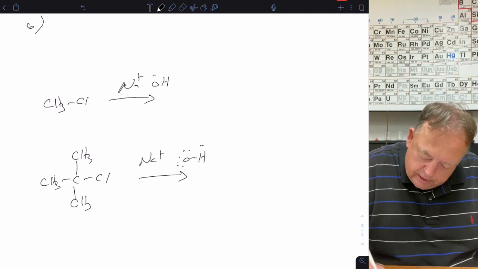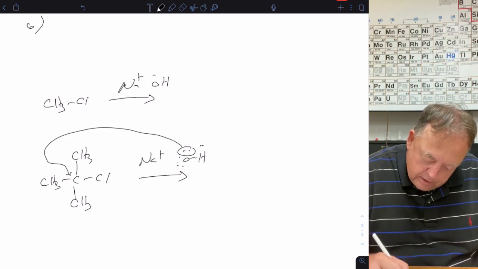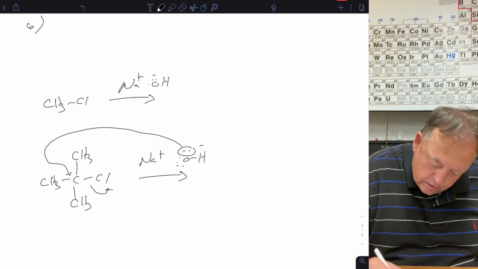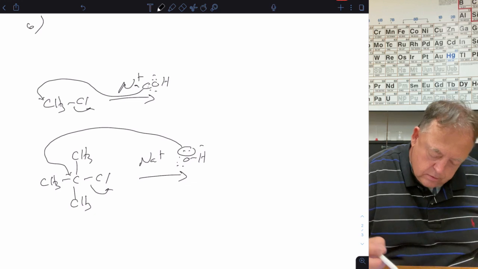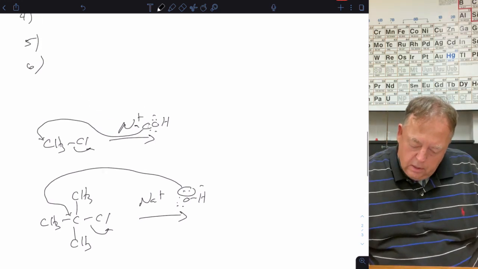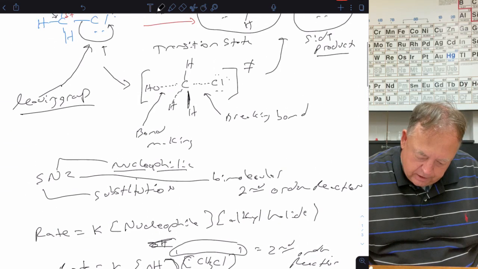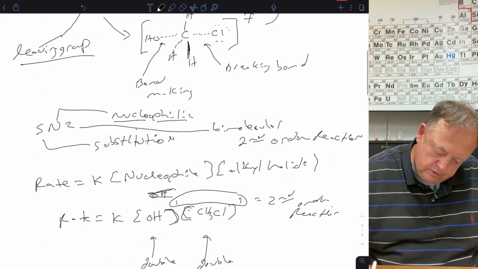Then you need to take a lone pair of electrons on hydroxide, make a bond to carbon, and kick off the chlorine, right? Okay, so we did actually cover another concept already. An SN2 is what's known as a concerted reaction.